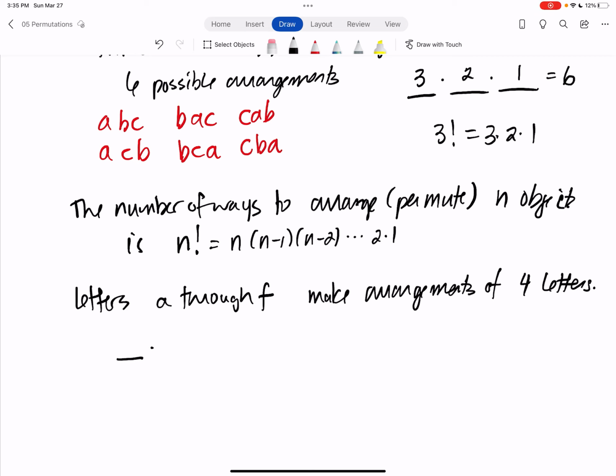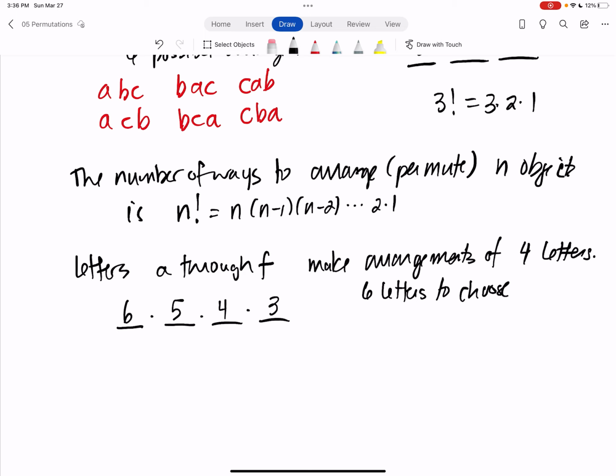So if you think about it, you have A, B, C, D, E, F, 6 letters to choose from, and you're going to choose 4 of them. So you have 6 choices for your first one, 5 choices for your second letter, 4 for your third, and 3 for your last letter. So this feels a lot like the permutation before.